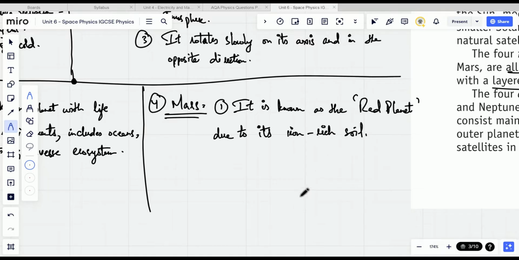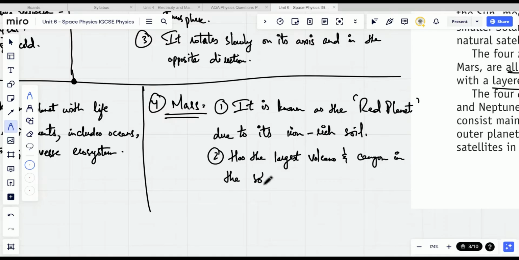Do you all get this part? Some interesting points we should know are the volcanoes and canyons on Mars. It has the largest volcano and canyon in the solar system.